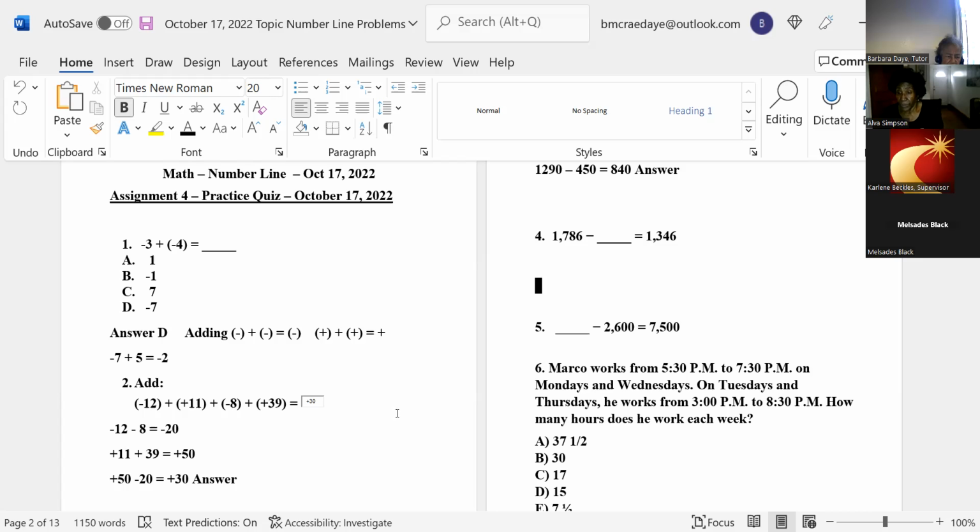So the plus 50, you're going to subtract the 20 from the plus 50, equal plus 30 is the answer. So they get subtraction right there.